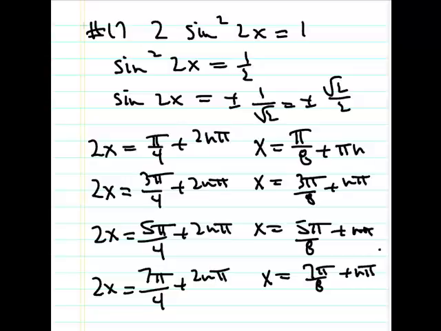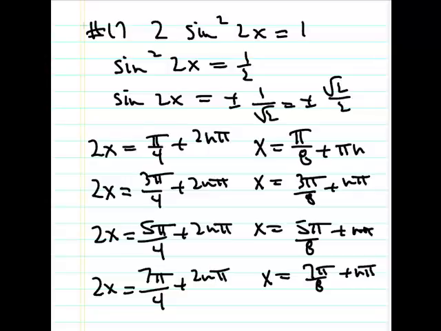Looking at those solutions, again, we're looking for all the solutions between 0 and 2 pi. So taking that last set of equations and plugging in for n equals 0 and n is equal to 1.